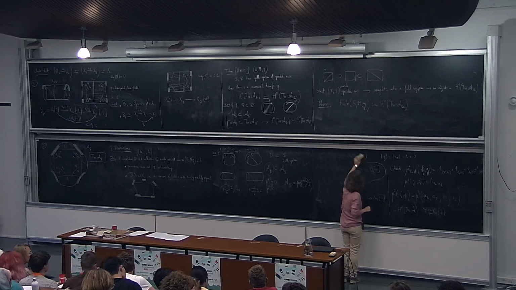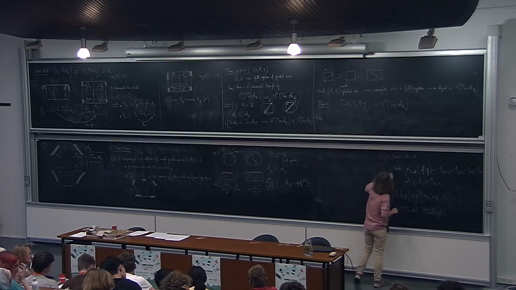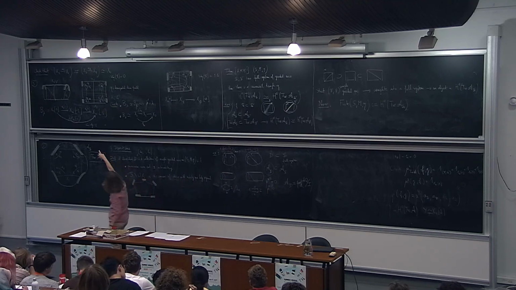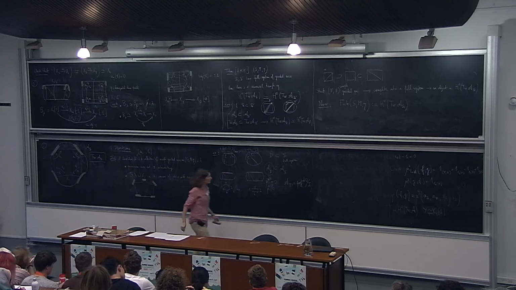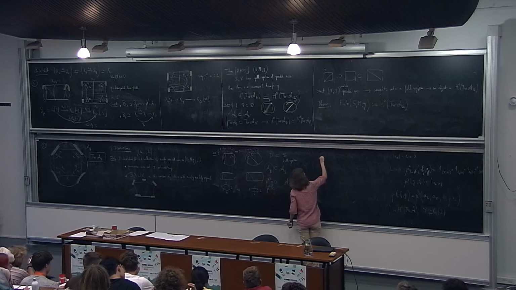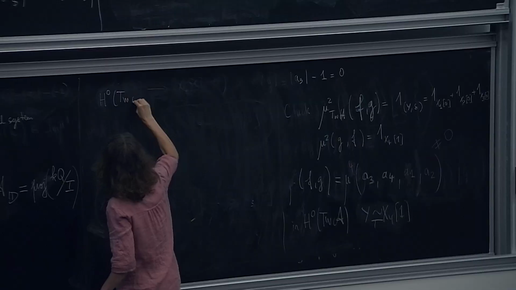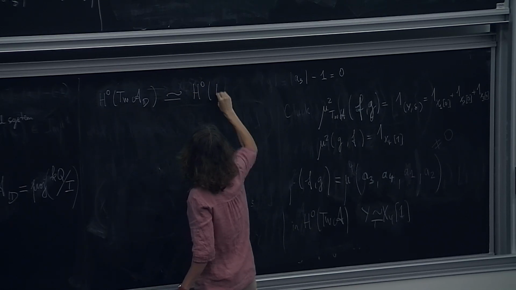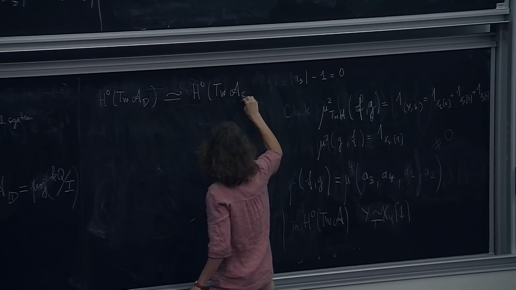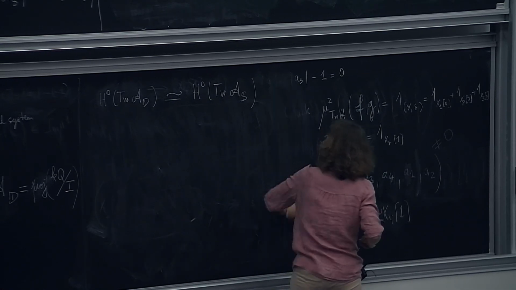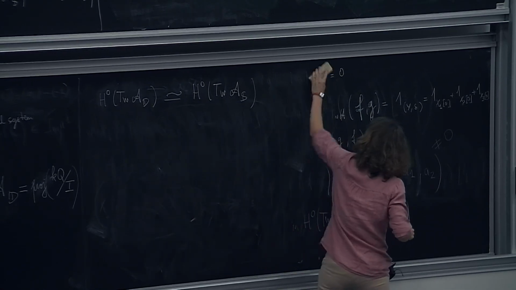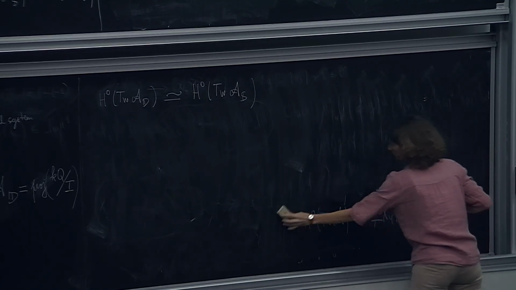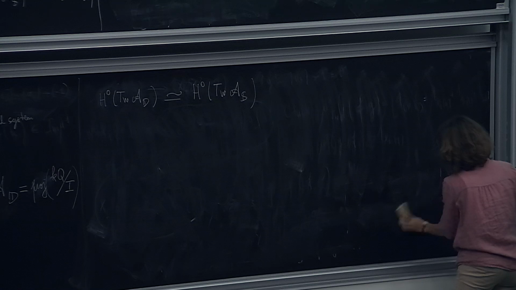And again, using the same argument as before, the fact that its x4 is useless, we have that H0 of twist A_D is equivalent to H0 of twist A_S, this equivalence given by the inclusion of the collection of graded arcs.